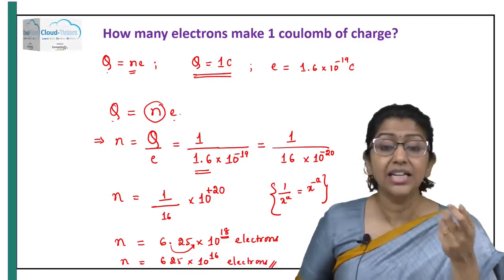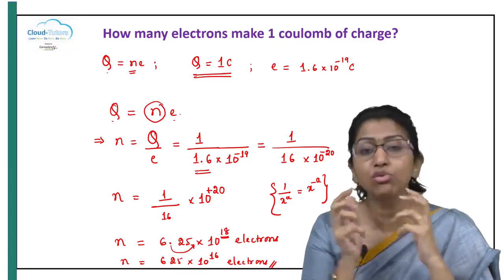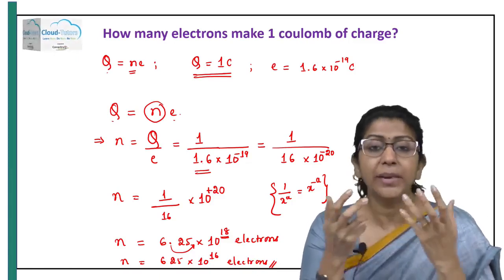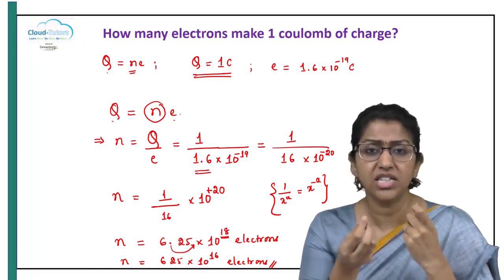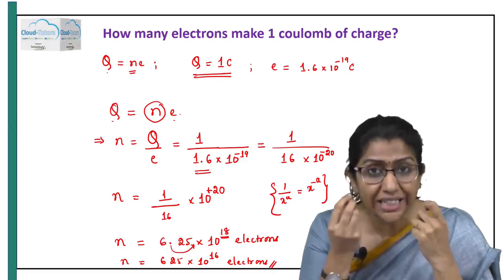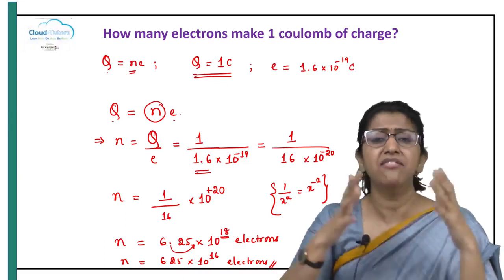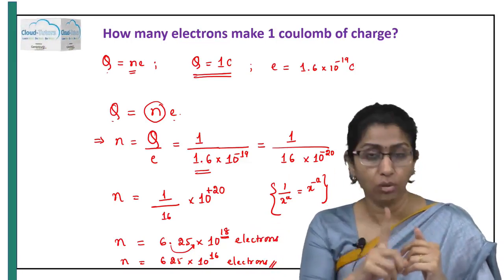So these are the number of electrons present in 1 coulomb of charge, which is a huge number. Because an electron possesses such a very minute amount of charge, equal to 1.6 into 10 raised to minus 19 coulombs, it takes a very large number of electrons to make 1 coulomb of charge.